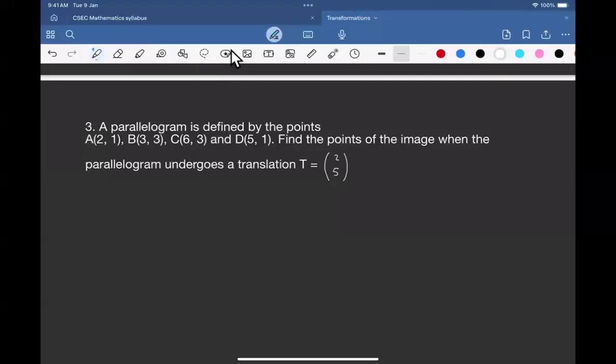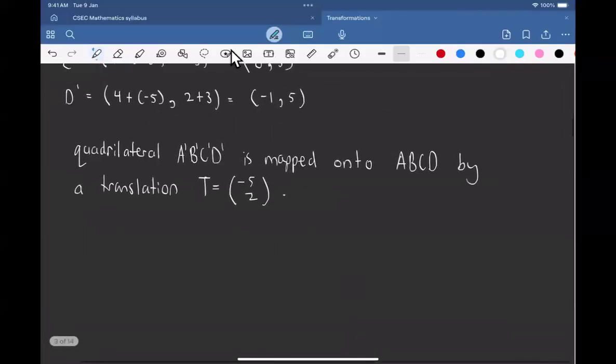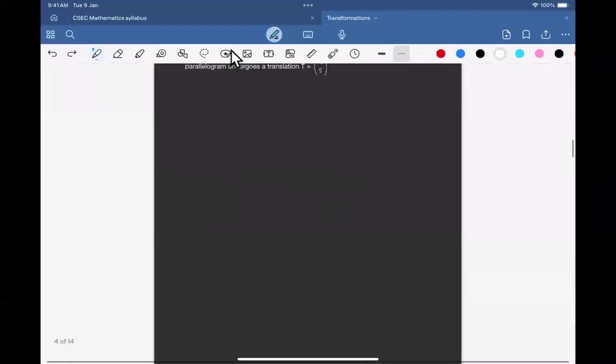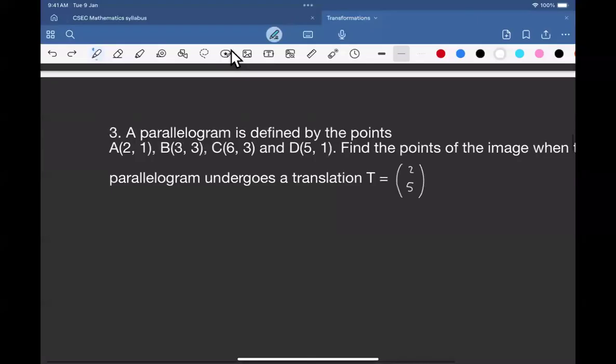My bad. Let me write out the answers real quick and let's move on to enlargement. This is a very easy topic. Real easy. Easy marks.